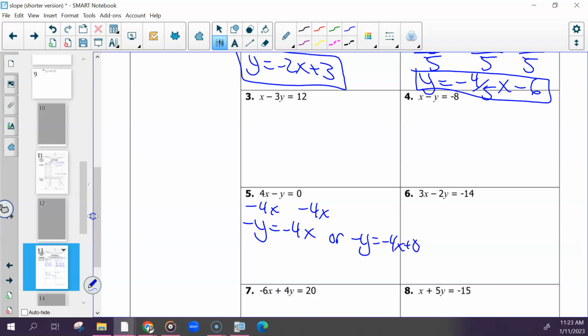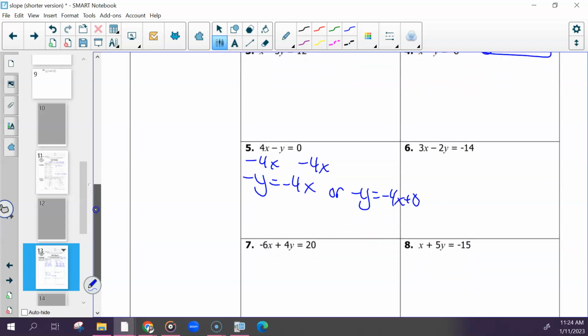And the next. Nature. Divide, but yes, by negative 1. You don't have to write both, but if you're doing one or the other, that's how to do both.